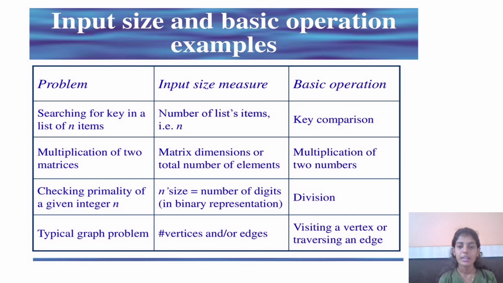Basic operation: multiplication of two numbers. Problem: checking primality of a given integer n. Input size measures n; size equals number of digits. Basic operation: division. Problem: typical graph problem. Input size measures vertices and/or edges. Basic operation: visiting vertices or traversing an edge.